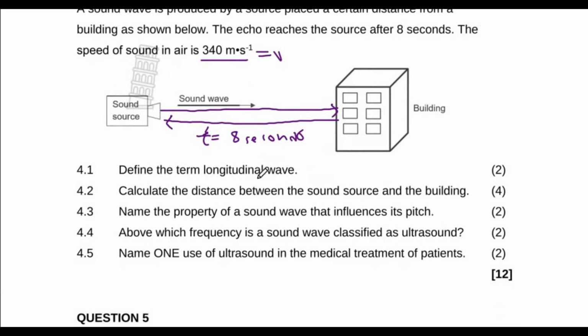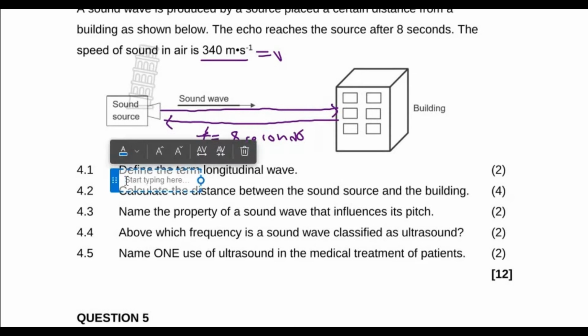Right? And we know the time like that. So 4.1.1. Sound is a type of longitudinal wave. That's why the first question there just tells you to define a longitudinal wave. Define the term longitudinal wave.